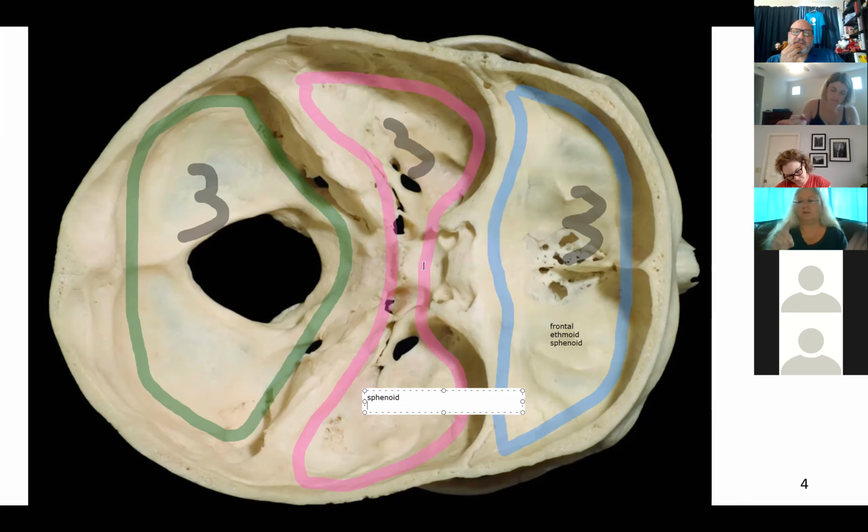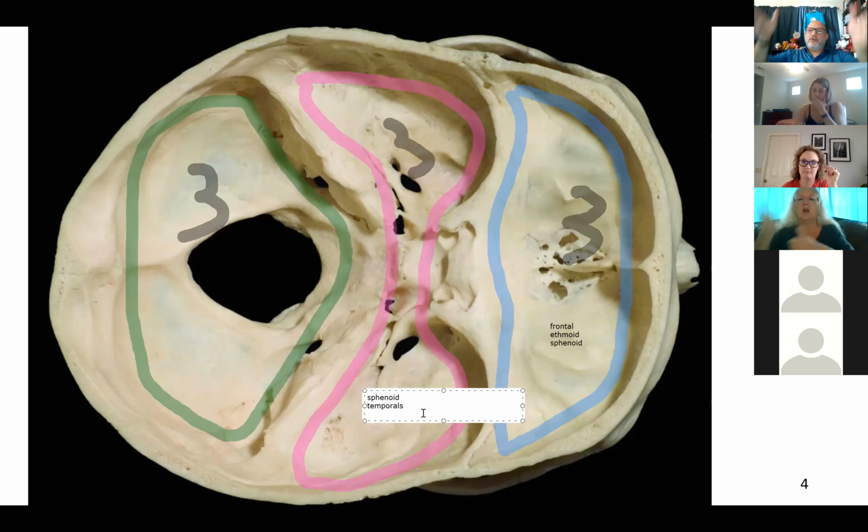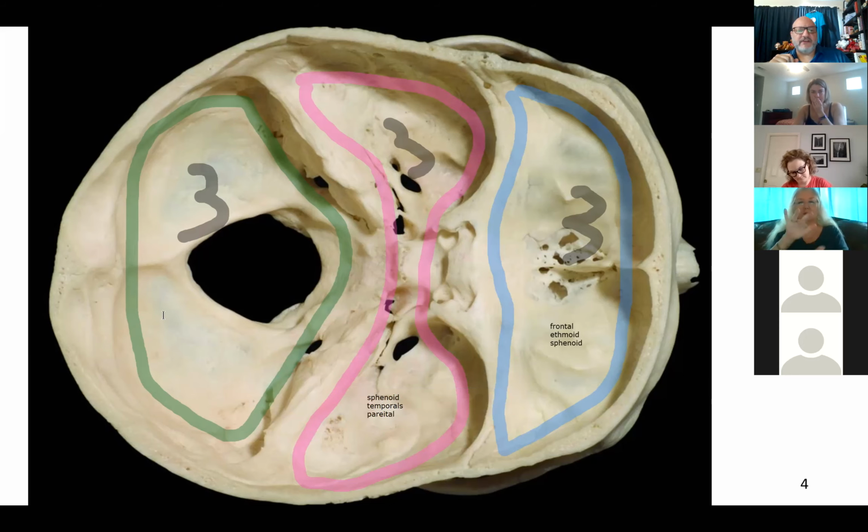Sphenoid is this part here. What helps to form the lateral walls? There you go, the temporal. And what would be above the temporal, forming the lateral walls of this space? Parietal, excellent. Perfect. So those are our three bones that make up the middle cranial fossa.